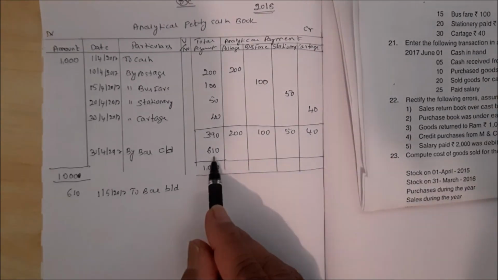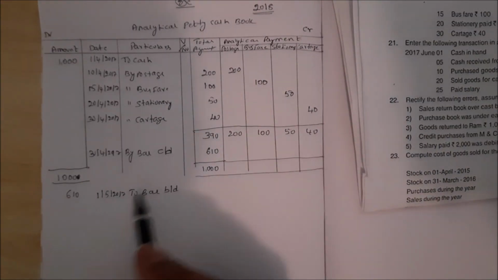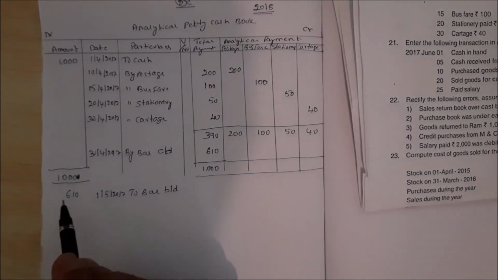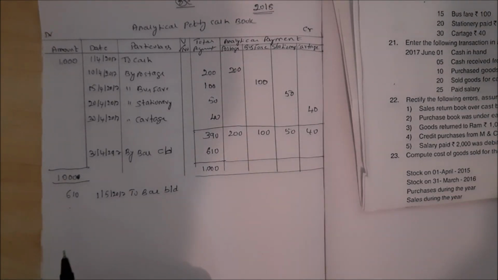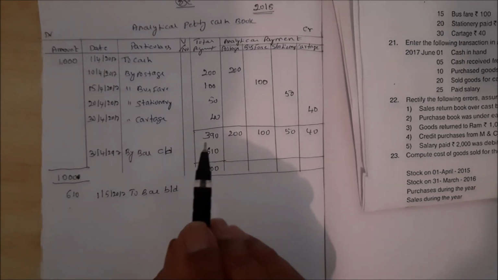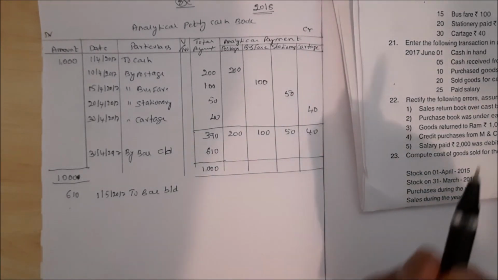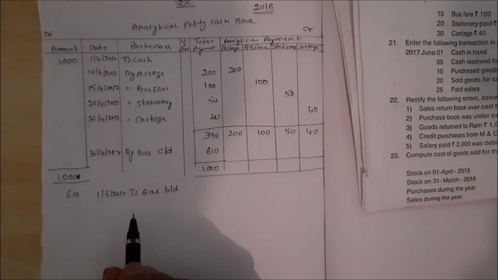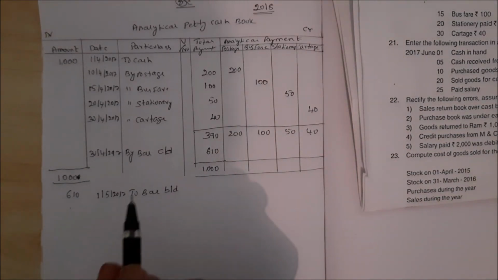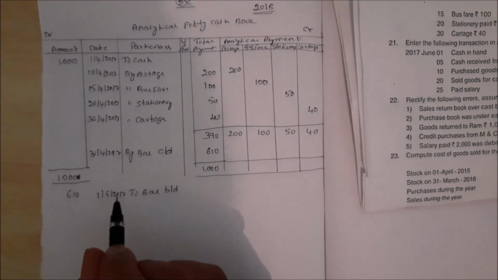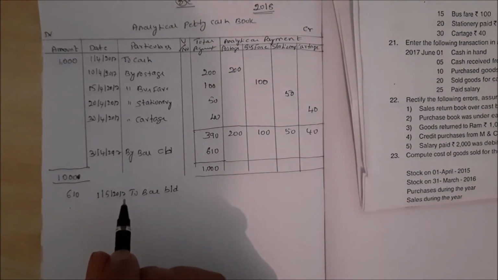When 610 is the balance, how much have you spent? 390. You will draw 390, then 610 plus 390 once again becomes how much? 1000. Maintaining a minimum balance is called the imprest system.